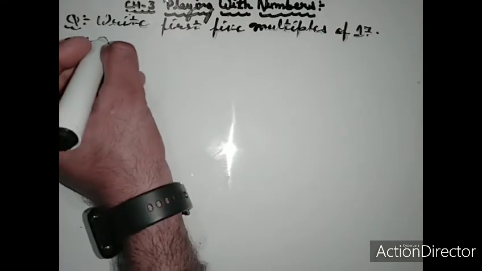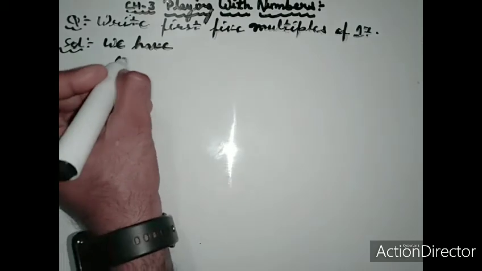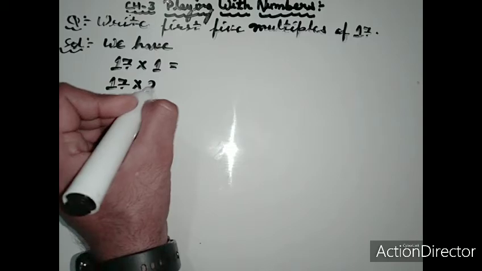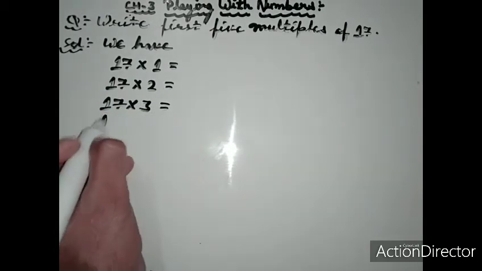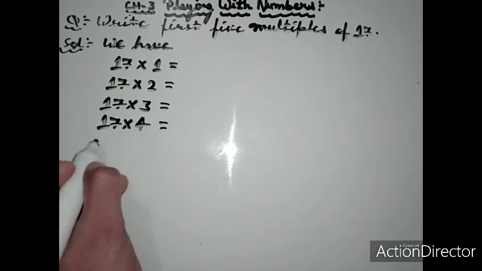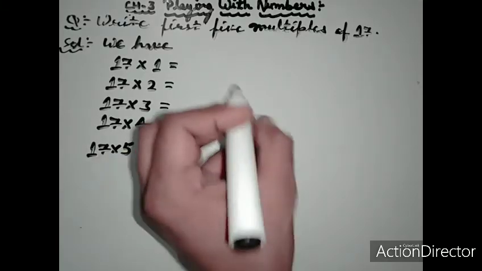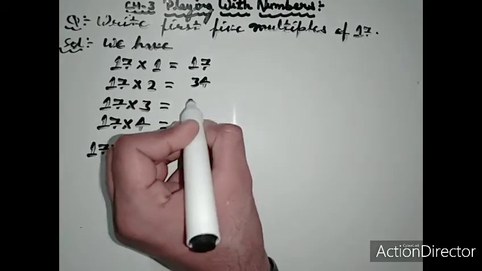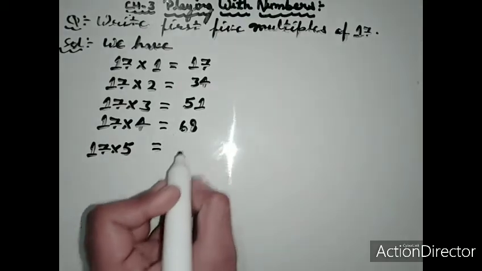So we multiply 17 by 1, then 17 by 2, then 17 by 3, then 17 by 4, then 17 by 5. So 17 ones are 17, 17 twos are 34, 17 threes are 51, 17 fours are 68 and 17 fives are 85.